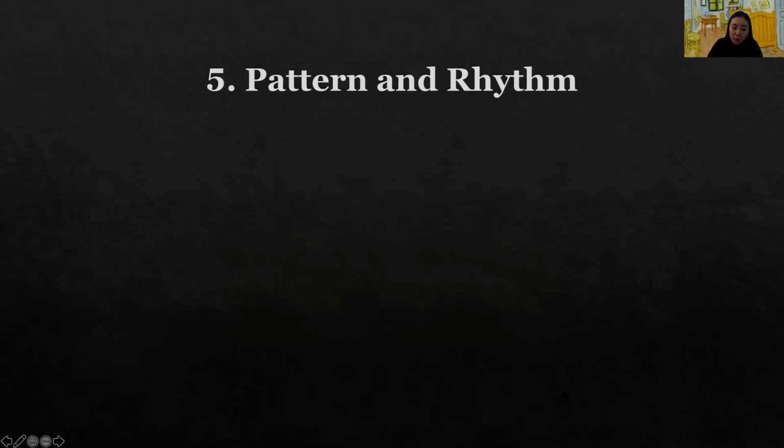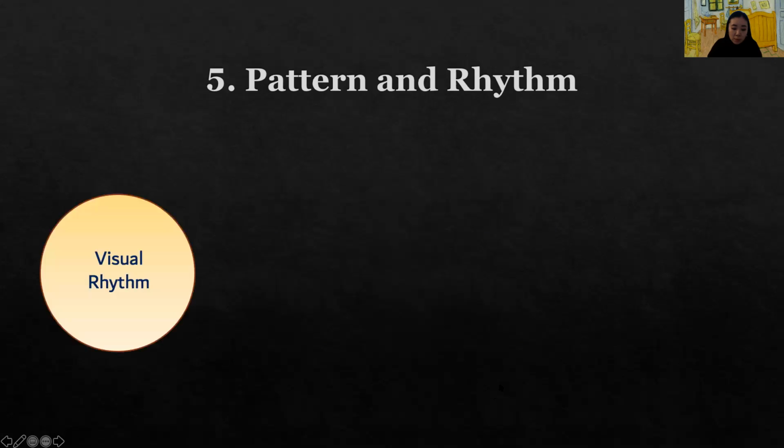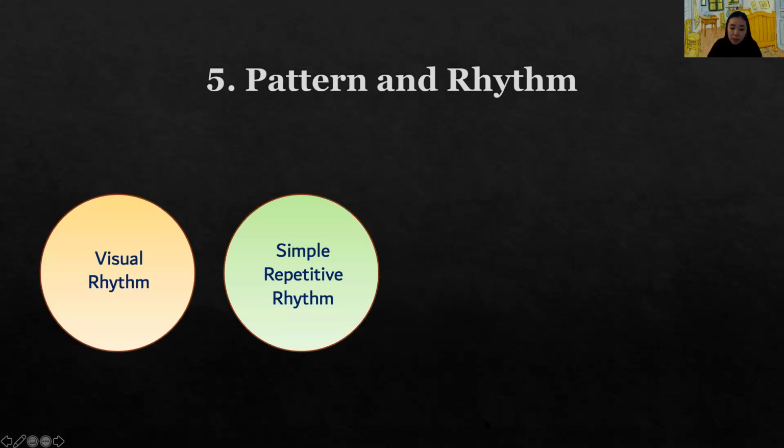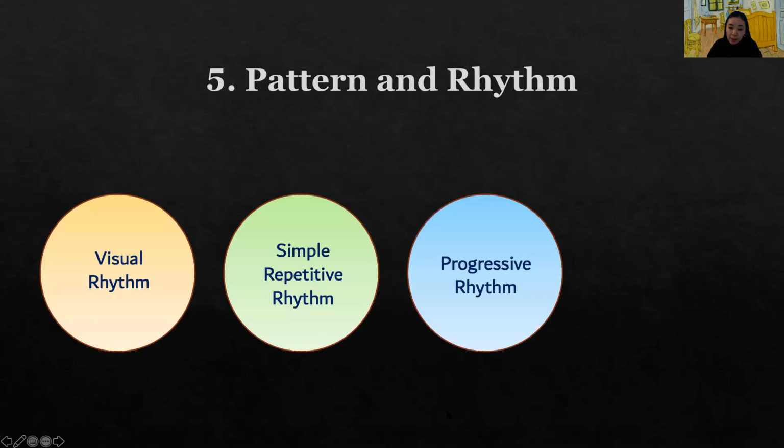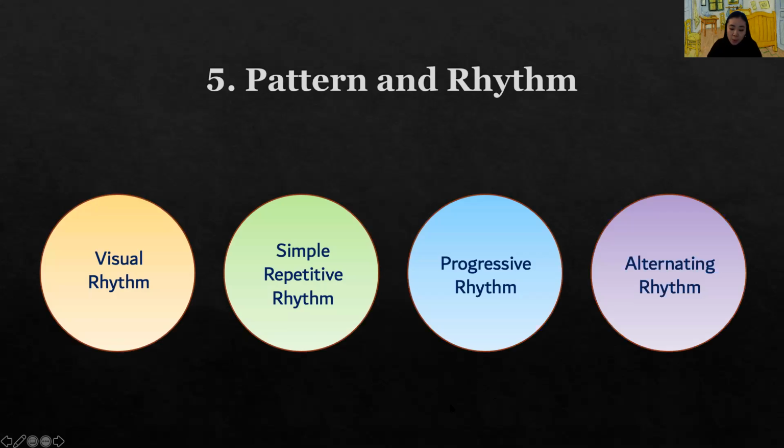And there are 4 types of rhythm. The first one is visual rhythm, the second one is simple repetitive rhythm, the third one is progressive rhythm, and the last one is alternating rhythm. So let's see one by one.